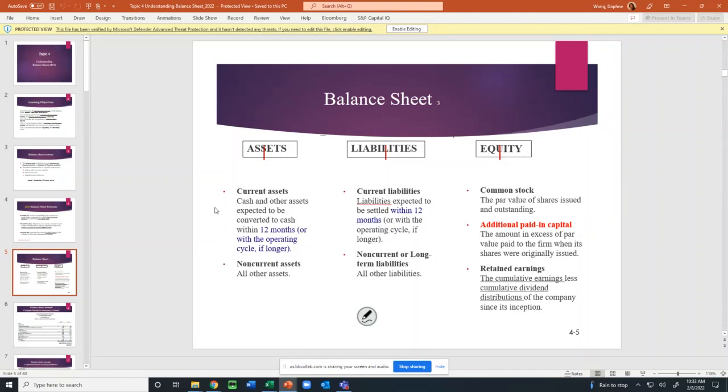There's a beginning retained earnings, and you need to add back whatever additional retained earnings accumulate if a company doesn't pay out the dividend. They keep the money in the company and add it to the beginning retained earnings to become the end-of-period retained earnings. We mentioned this several times before.